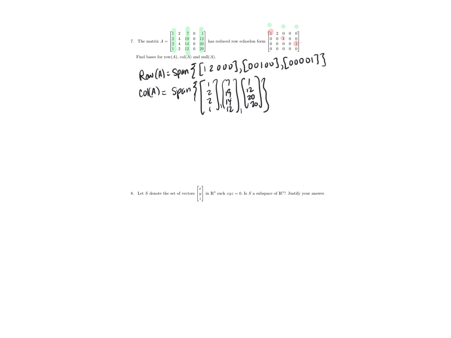Okay, and then the null space of A, we're going to find by thinking about this row reduced echelon form. We take the matrix and row reduce it, and we already have the row reduced form of it.